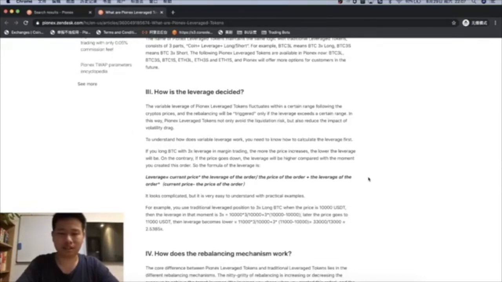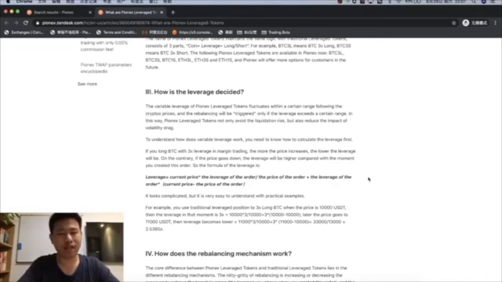Some of you may be very confused about how the price is decided, and why some of the leverage tokens are reverse split, maybe 1 for 20, 1 for 50, or 1 for 100, like the Link 3S and Banner 3S.